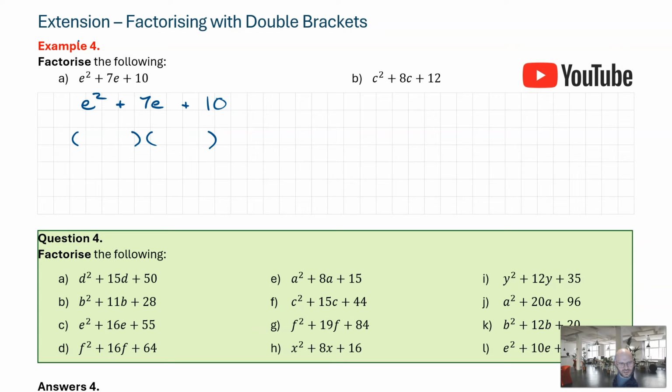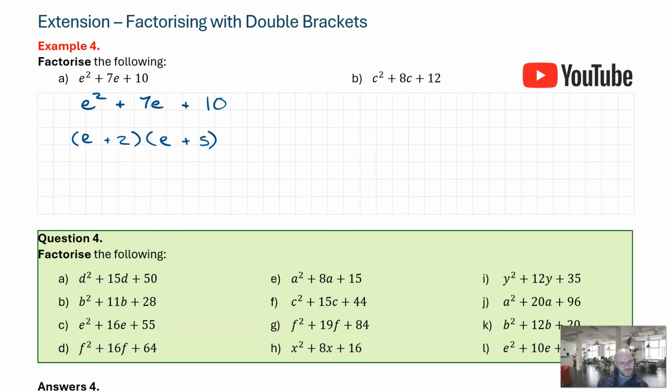First things first, we know that we're going to get an E and an E. Why? Because we're multiplying two E's together here, there's an E squared. Next, at the end, we know that we're going to be dealing with something that turns into 10. Now, something that turns into 10 could be 5, and it could be 2.